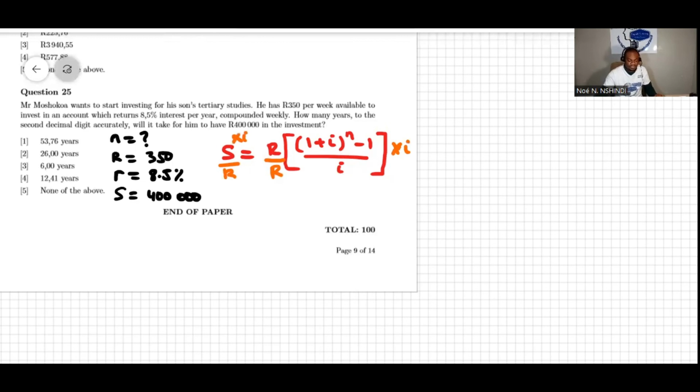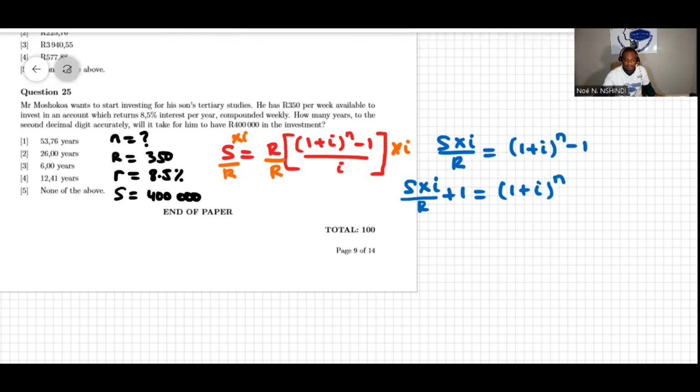So this will be S times I over R equal to 1 plus I to the n minus 1. If I move the negative 1 over, this becomes S times I over R plus 1 equal to 1 plus I to the power of n.